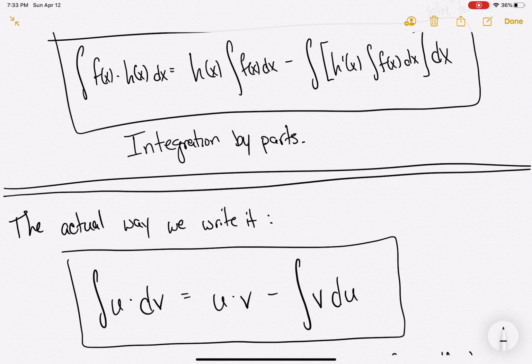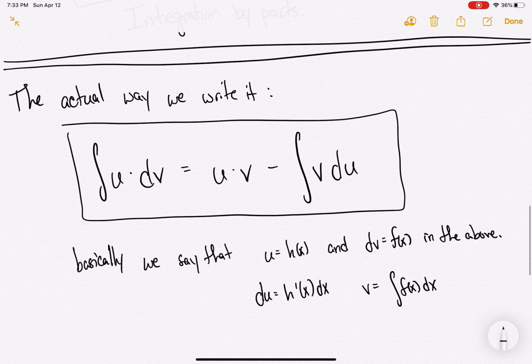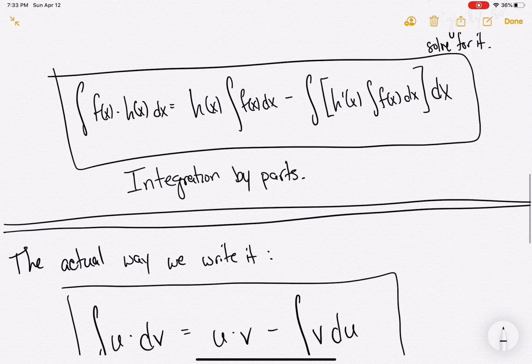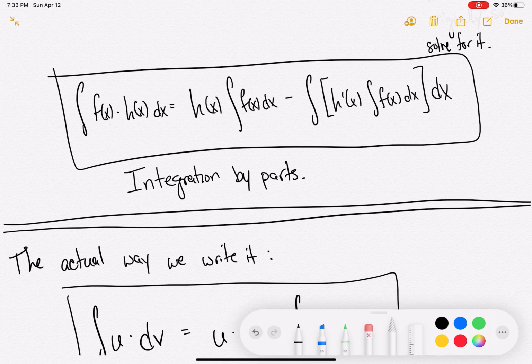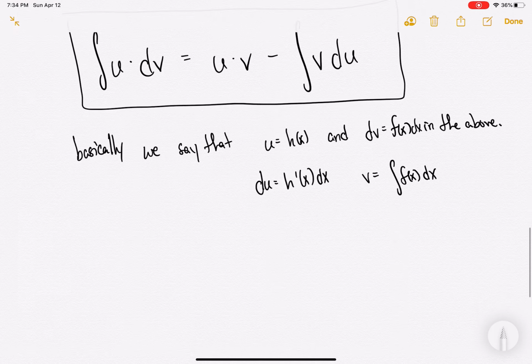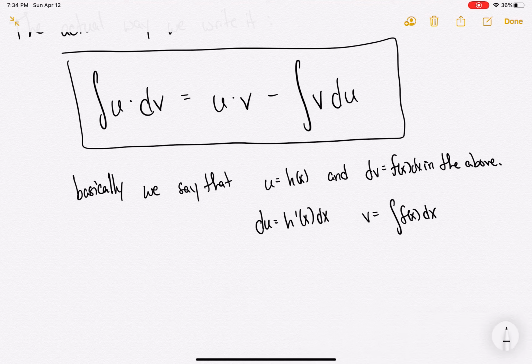You see h of x dx, so you see f of x dx is dv, right? So this should be dx. And then du is h prime, which we see right here, h prime dx, there's du. This is really v, and that is really dv. So whatever way you want to think about it, you think about it your way. I'll show you now how to actually use this.